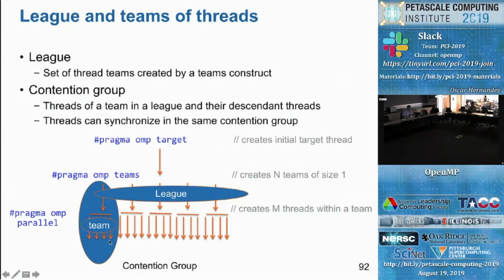But one of the restrictions whenever you create teams on a device is that you cannot synchronize across teams, only within the team. This is something to keep in mind whenever you are writing code, because synchronization can be difficult when you are trying to do things across teams. Usually the synchronization happens when you finish the target region, because at that point, all the teams can synchronize.